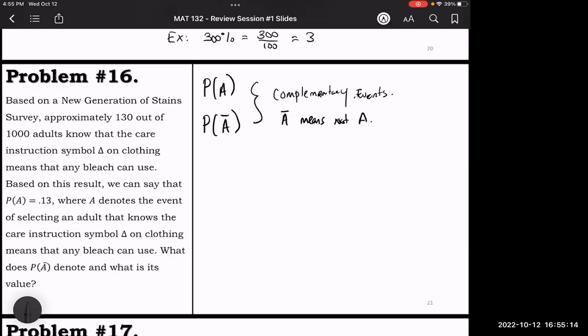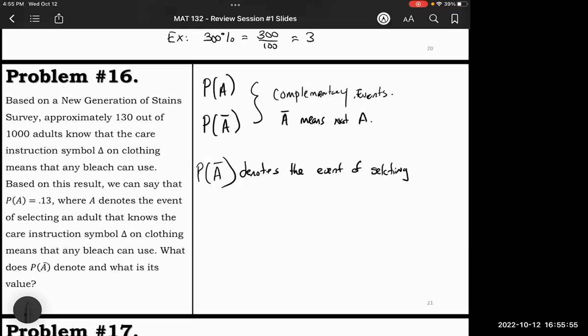Well, the problem tells us what P(A) stands for. We just have to talk about what P(A bar) means in plain English, and then compute its actual value in the formula that Ms. Tamero mentioned. So the probability of A bar denotes the event of selecting someone, basically rewriting everything of event A, except with one keyword inserted: the word not.